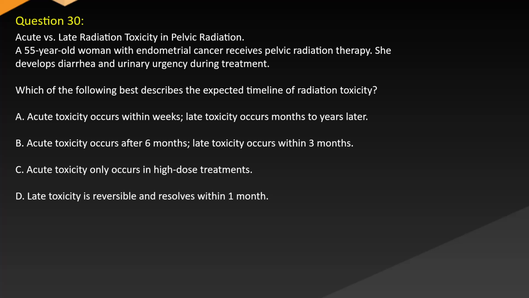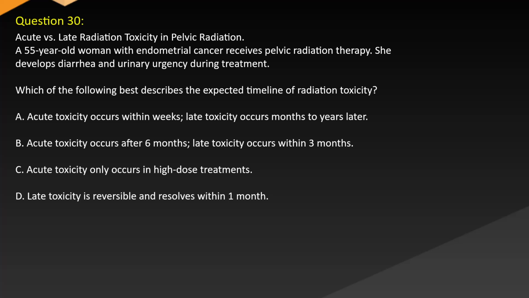Question 30. Acute versus late radiation toxicity in pelvic radiation. A 55-year-old woman with endometrial cancer receives pelvic radiation therapy. She develops diarrhea and urinary urgency during treatment. Which of the following best describes the expected timeline of radiation toxicity? A. Acute toxicity occurs within weeks.